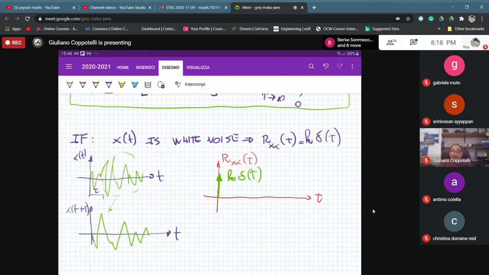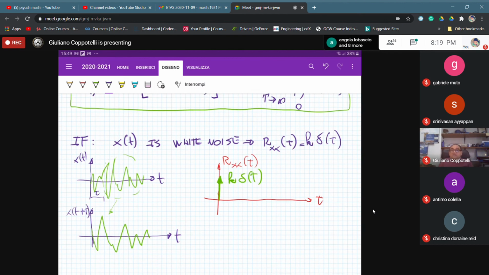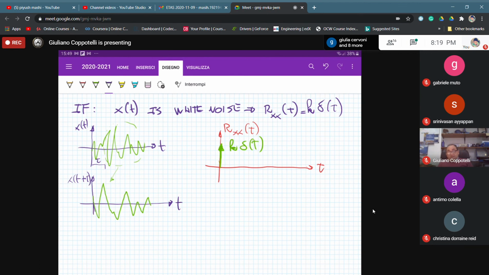But as soon as we shift these two signals by a tau quantity, all these outcomes are completely uncorrelated with each other because of the additional noise, and therefore the correlation is 0. There is no correlation at all between those signals, and that's the reason why we always have 0, except for tau equal to 0. We are referring to white noise. That is our ideal behavior.